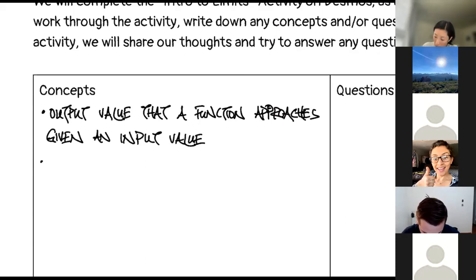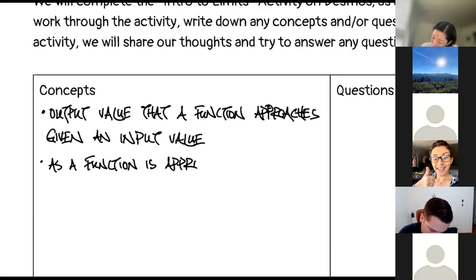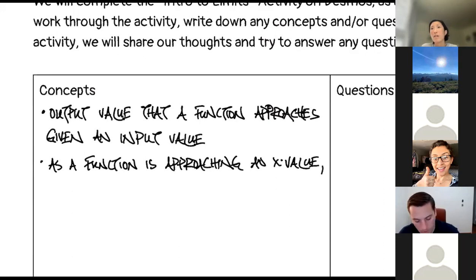Love that. So as a function is approaching an x value, what is the y value?